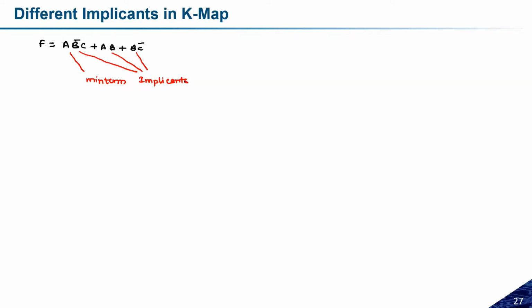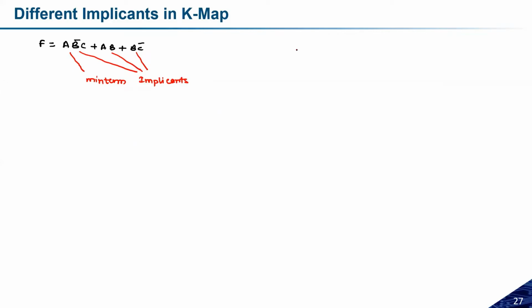Similarly, we can also explain the max term. If I have an expression like f is equal to a plus b plus c bar into a plus b, this particular term is the max term, and in this function we have two implicants. This is how we decide how many implicants we have.